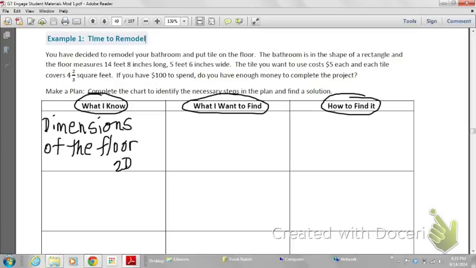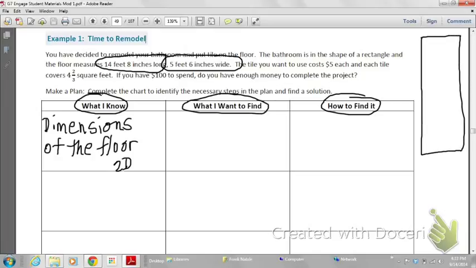We know that it is 14 feet 8 inches long, 5 feet 6 inches wide. So if we know those dimensions, what do I want to find using those dimensions? I'm going to help you out here as well right now, so you can get started. We want to find the area.